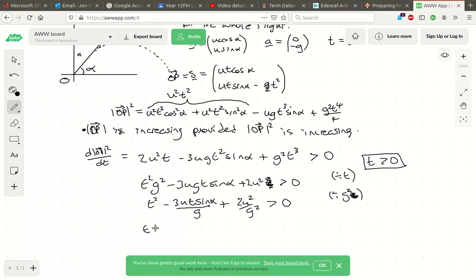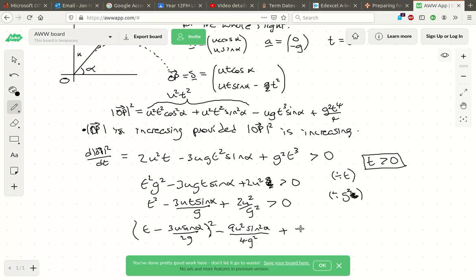Anyway, complete the square. t minus 3u sine alpha over 2g, all squared. And then I need to subtract 3u sine alpha over 2g, all squared. So I'm going to take away 9u squared sine squared alpha over 4g squared. Tidy up that bracket there.